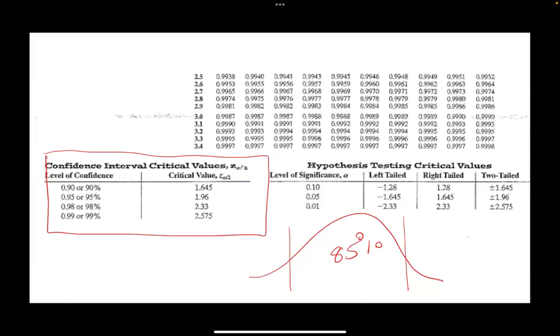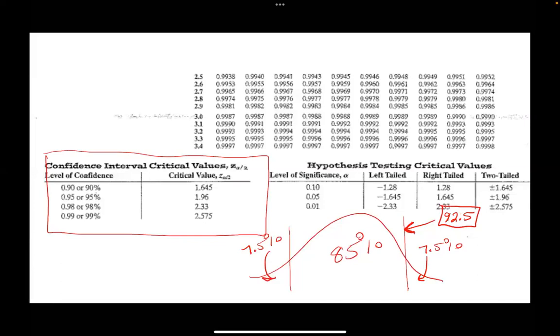So I have 7.5% here, and I have 7.5% up here, correct? Y'all with me so far? So that means this z-score right here is going to correspond with 92.5. This is the percent that's at that line. So that's the z-score I would look for.